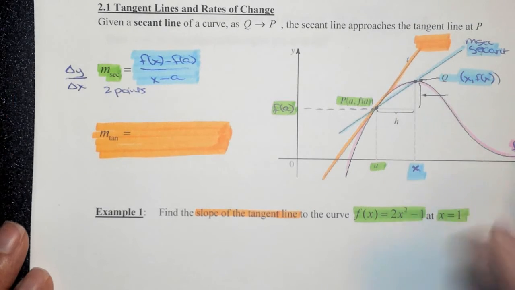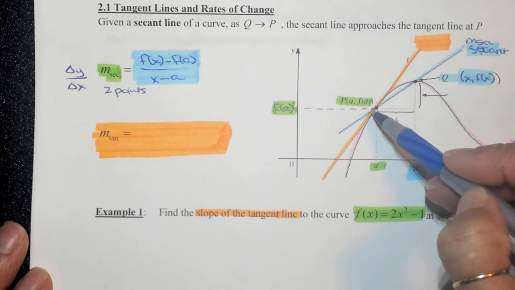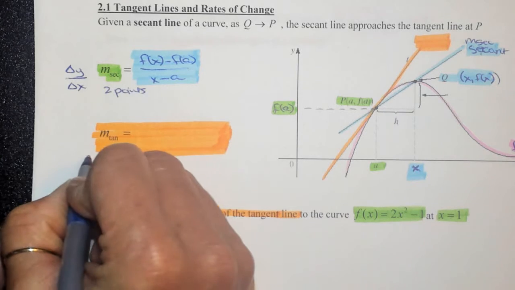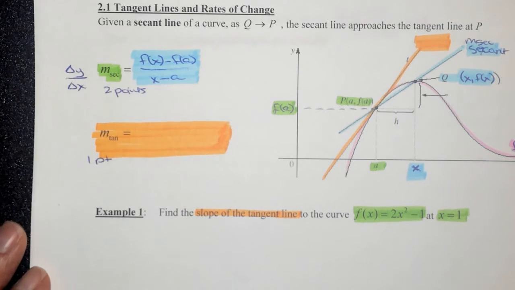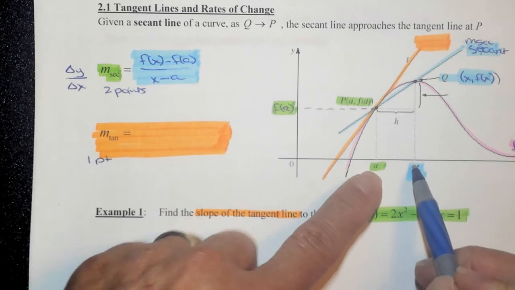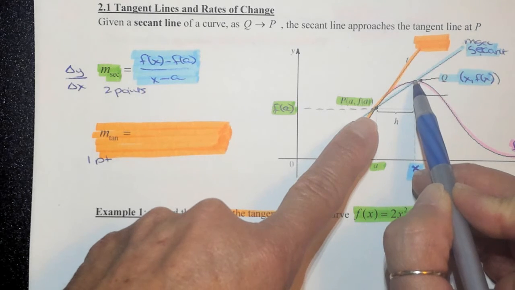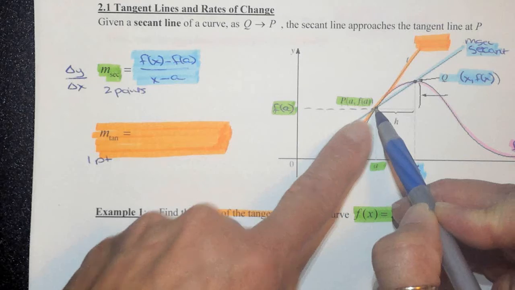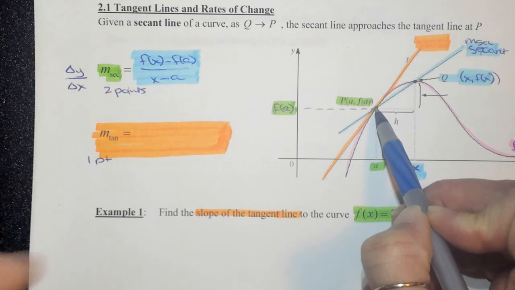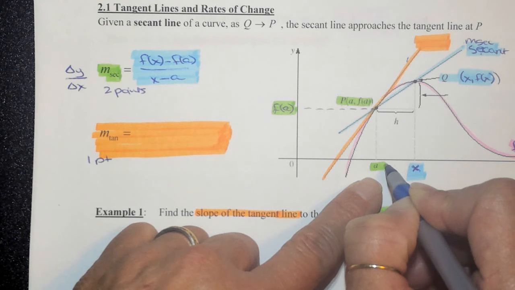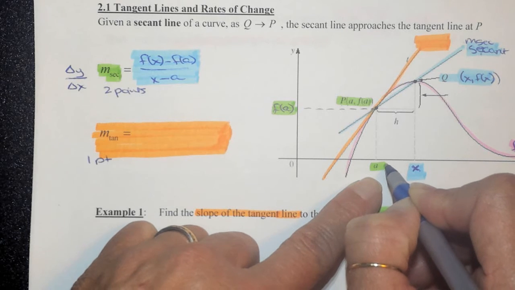But what is more accurate is the slope of the tangent line, and this is when we have 1 point. So in order to do that, we need to decrease the distance between these 2 points. So basically this point is going to come to point P. If we decrease the distance, that means x will get closer and closer to a until they overlap each other.